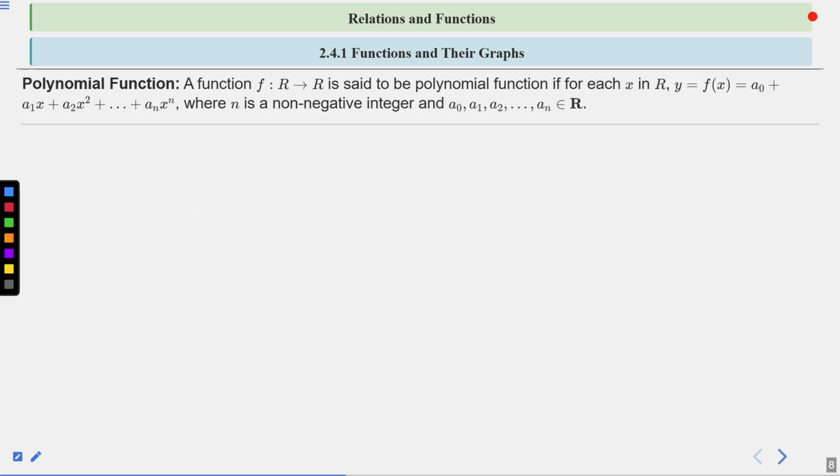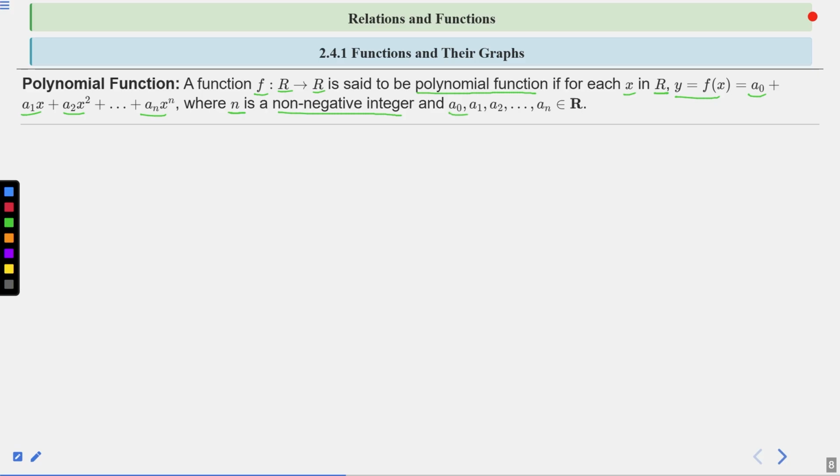Now comes the polynomial function. A function f from R to R is said to be a polynomial function if for each x in the set of reals, your function is defined in this manner: y, or f(x), equals a0 plus a1x plus a2x square till an x raised to power n, where n must be a non-negative integer.